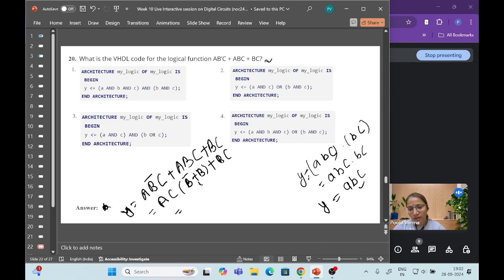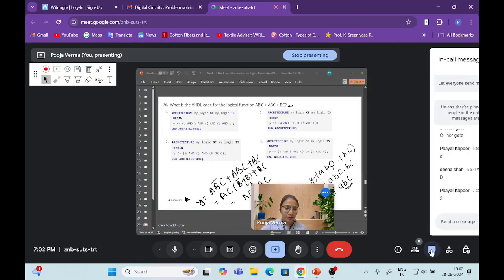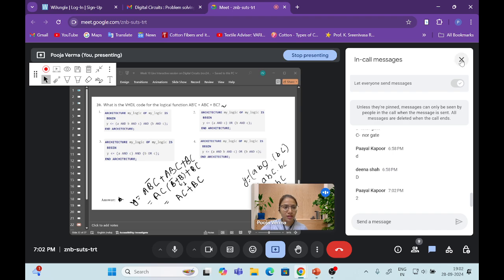Now B dash plus B is 1, we already know that. We will get AC plus BC. For any logical expression given, first optimize it, then try to write the corresponding VHDL code. For option 1 we are getting only ABC, so option 1 is not the correct one.